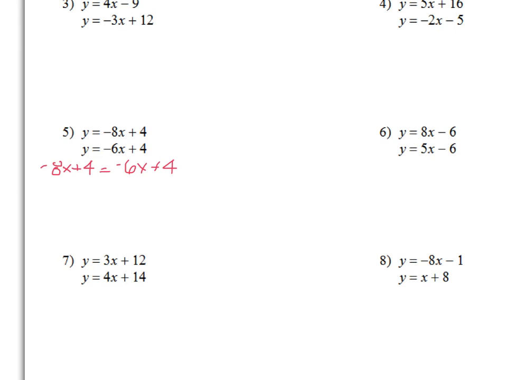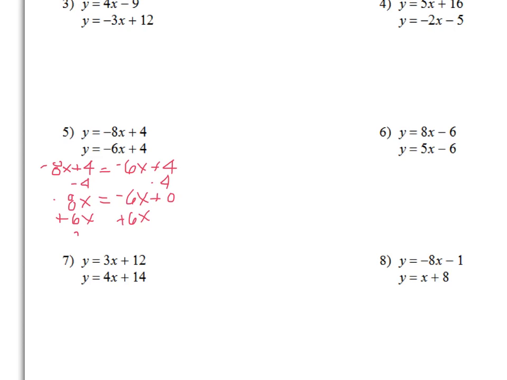Well, it looks like my letters are going to be on the left, so I'm going to subtract 4. And I get negative 8x equals negative 6x plus 0. I'm going to add 6.